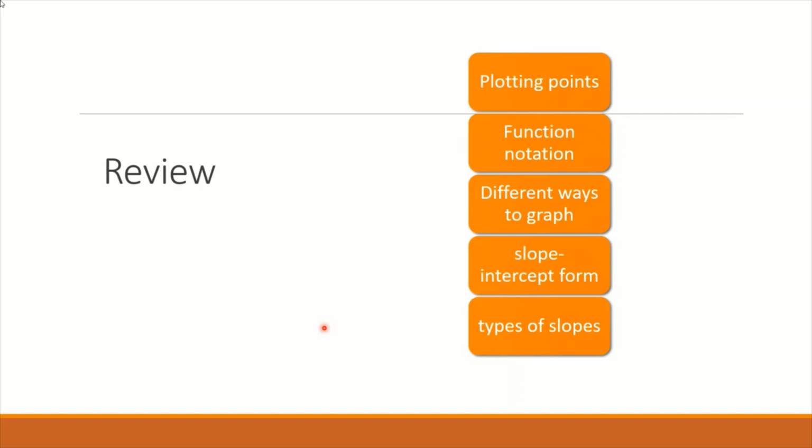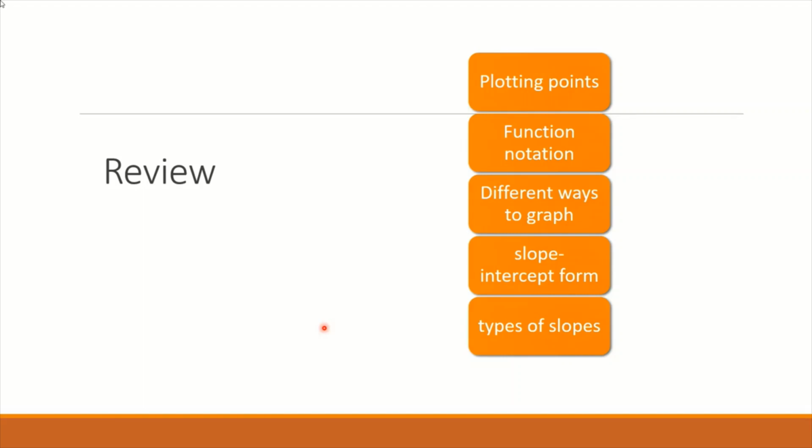It's just giving a label to the function. We also saw when it's not a function: if we have points, and for one x there's two different y's, it's not a function.